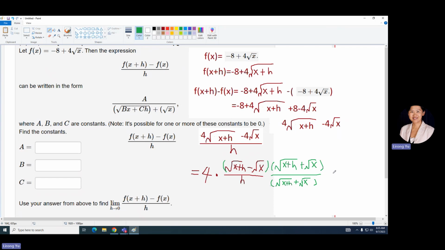So let me use an example. Why are we doing this? If you have root of a minus root of b, the conjugate of this term is root of a plus root of b. This is the conjugate of this, and this is the conjugate of this. If you multiply them out, you have root of a times root of a, which is a. So that's the first term.